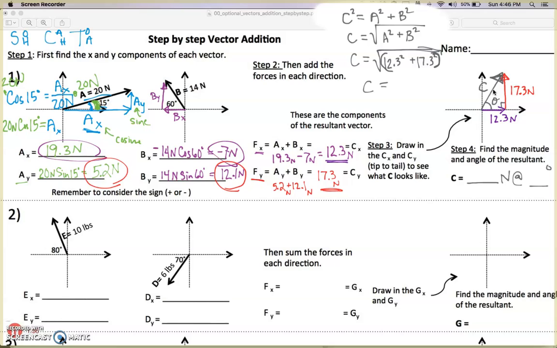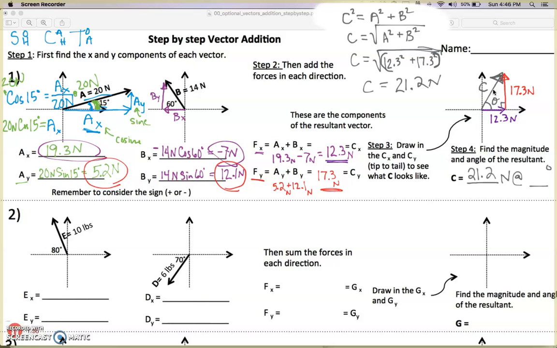So I type that into my calculator and I get 21.2 newtons. Excellent. So now we know the magnitude of C is 21.2 newtons.